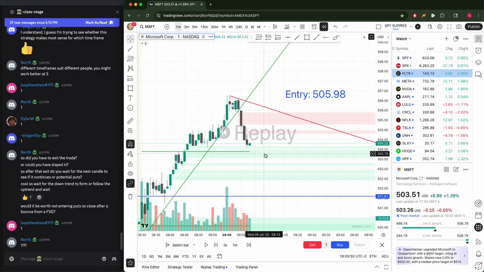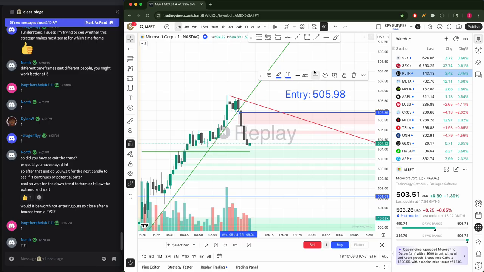Okay, so these two tools are the only things I use for my strategy: fair value gaps and lines. And technically fair value gaps are lines. It's just this. Fair value gaps are the space between the candle wicks of a 3 candle pattern, from the bottom of the first candle to the top of the second candle, the wicks. That's what the fair value gap is.